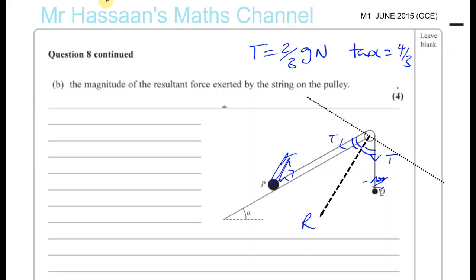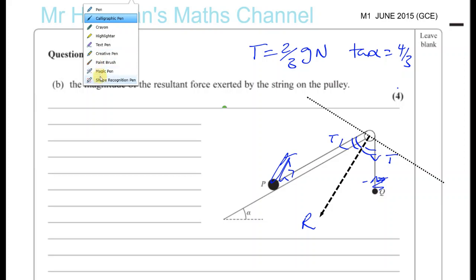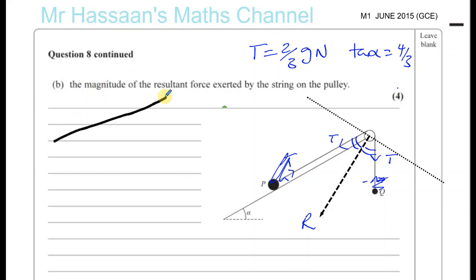Well, if you think about what we had in the beginning, we had something like this. This is alpha. This is 90 degrees. So this must be 90 minus alpha.